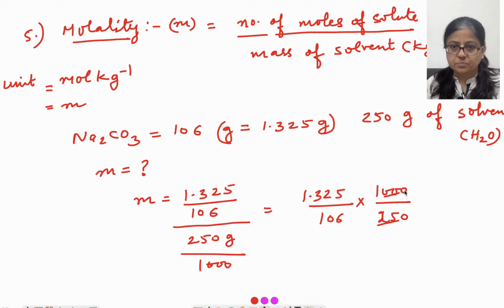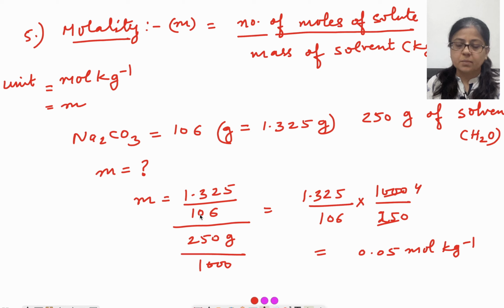The answer will be 0.05 mole per kg or molal. It will be the molality of the solution. So this is the molality term in which we can express the concentration of the solution.